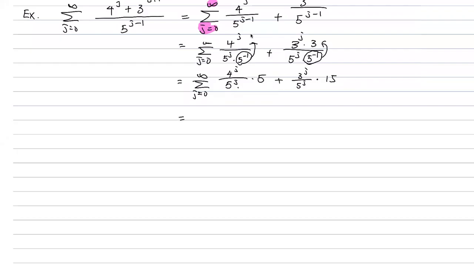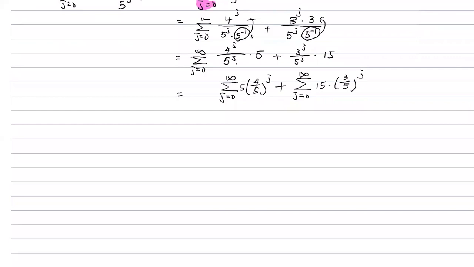If we put them together, we have the summation, j from 0 to infinity, of 4 over 5 to the j, or you know what, let me just put the 5 inside. And plus, I'm going to separate them into a second summation, j from 0 to infinity, of 15 times 3 over 5 to the j's power.